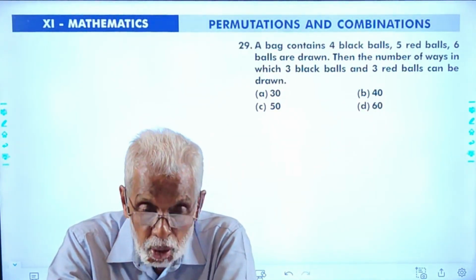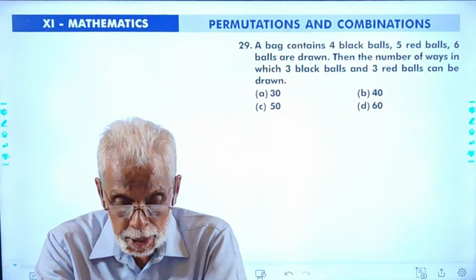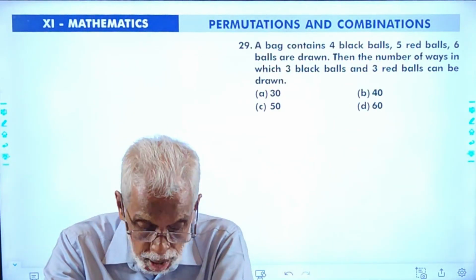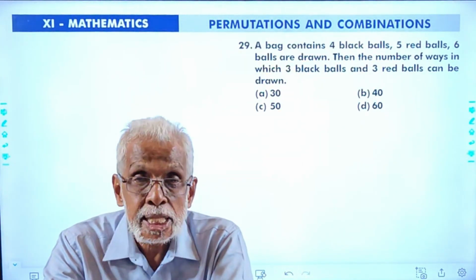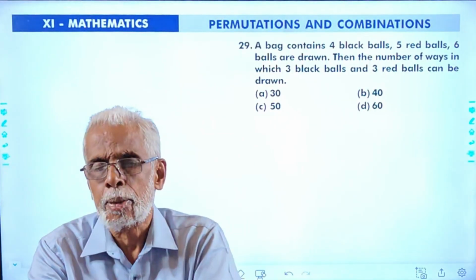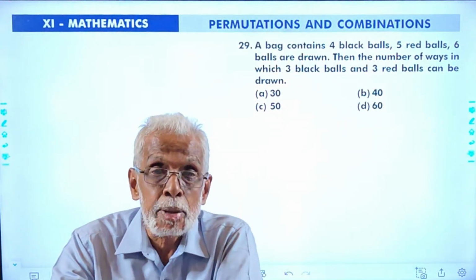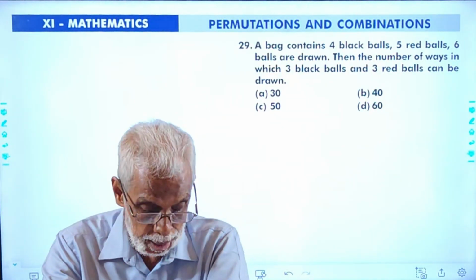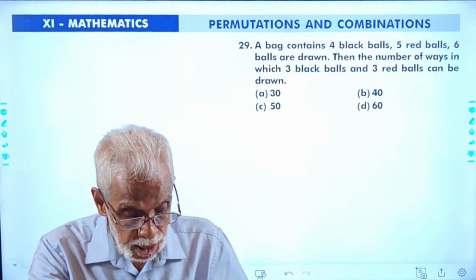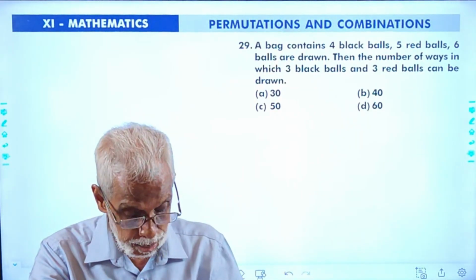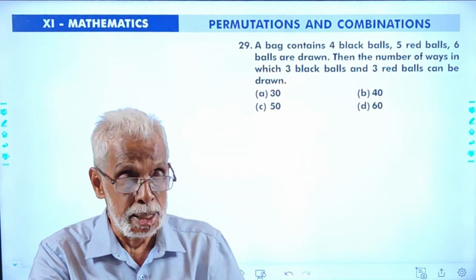A bag contains 4 black balls and 5 red balls. 6 balls are drawn. Then find the number of ways in which 3 black balls and 3 red balls can be drawn. You look, there are 4 black balls and 5 red balls.